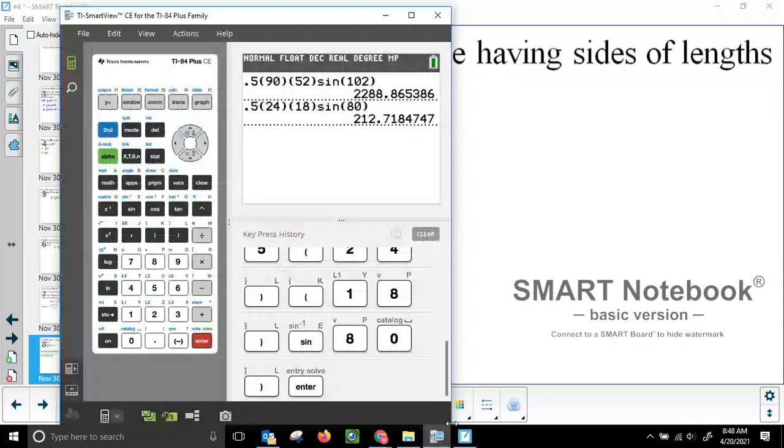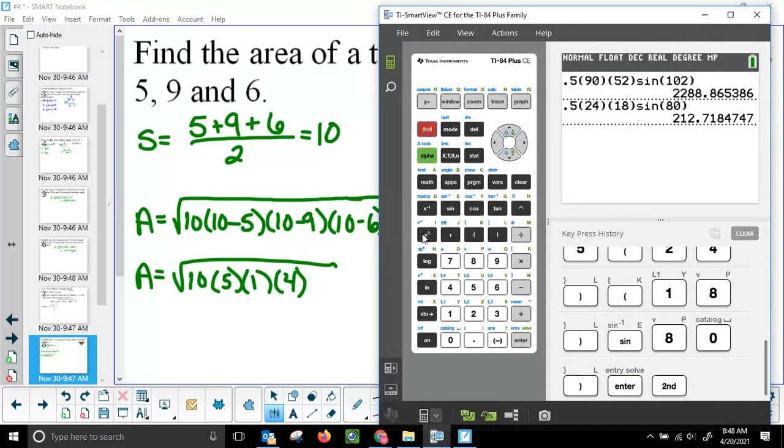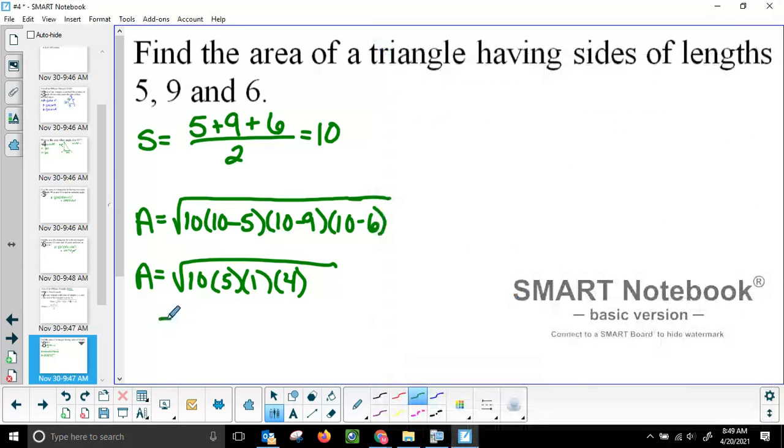So do that in our calculator here. We get the square root of 10, and 5 times 4 is 20, so 10 times 20, or 200. And we get 14.142. And they don't tell us what units this is in, so you can just say units squared.